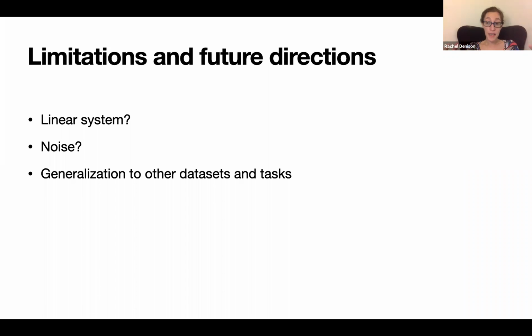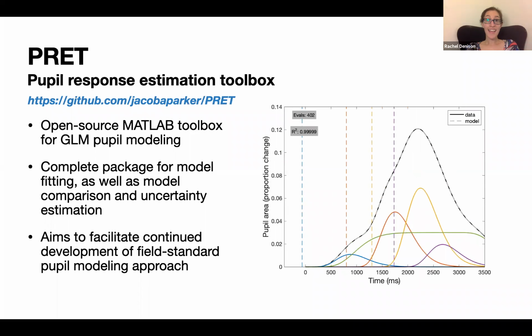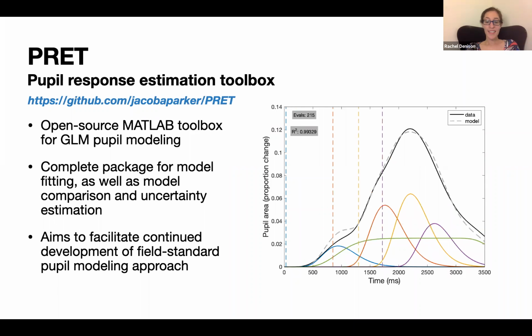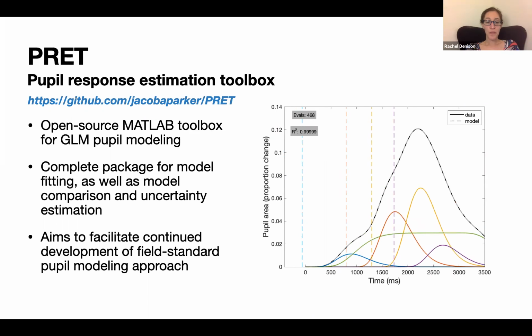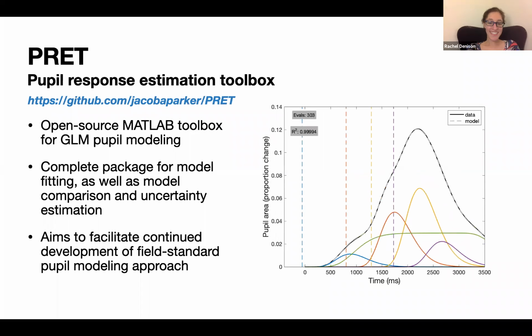So to facilitate pupil modeling for a wide variety of tasks and data sets, it was important for us to make our modeling and model evaluation code widely available. So to that end, we have released a software package called PRET, which stands for Pupil Response Estimation Toolbox.